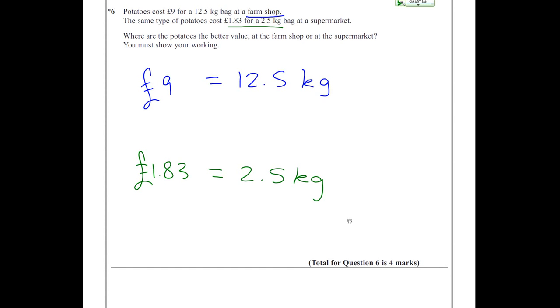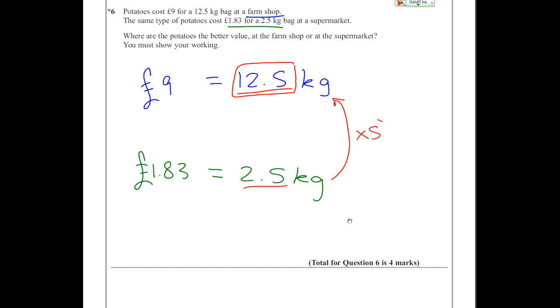Now I can see that we can get from 2.5 to 12.5 by multiplying by something. So you can do 2.5 times 5. And the way you can think about that, if you've not quite got it in your head, is do 12.5 divided by 2.5 on your calculator.